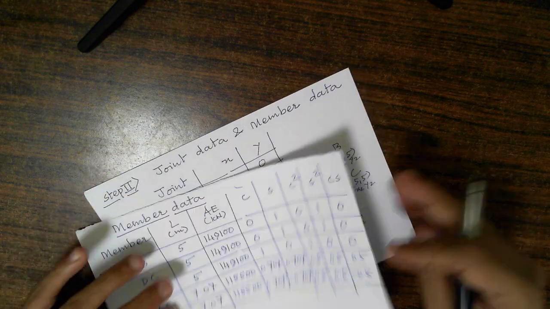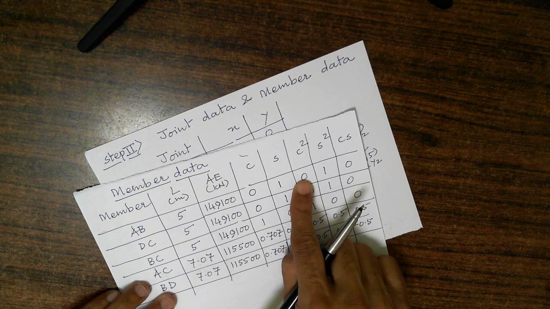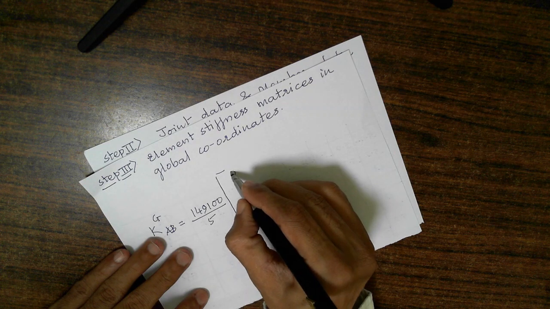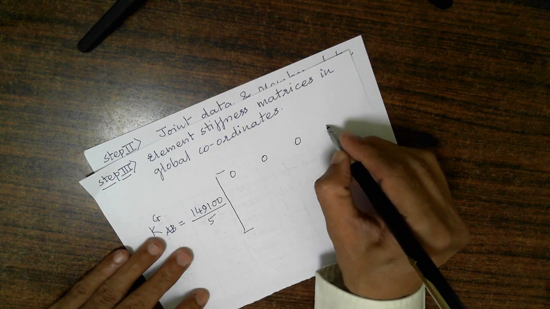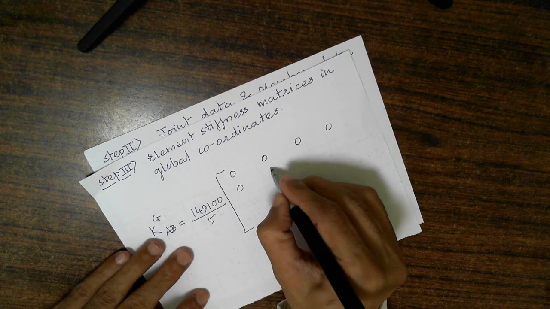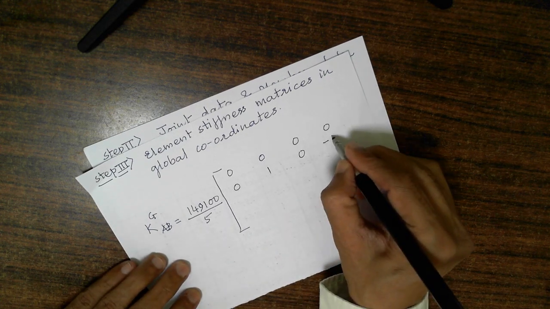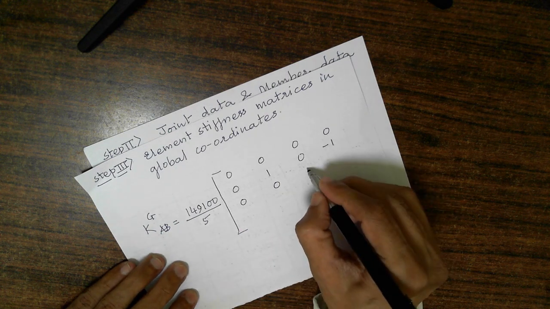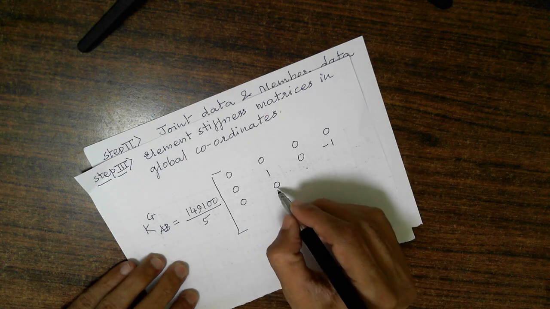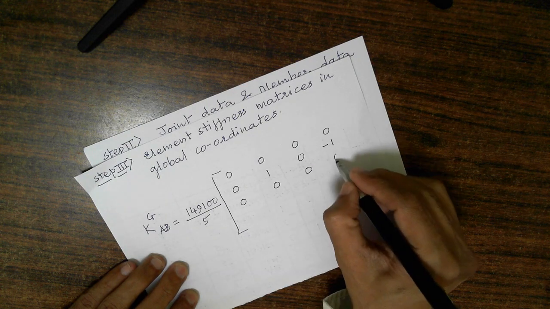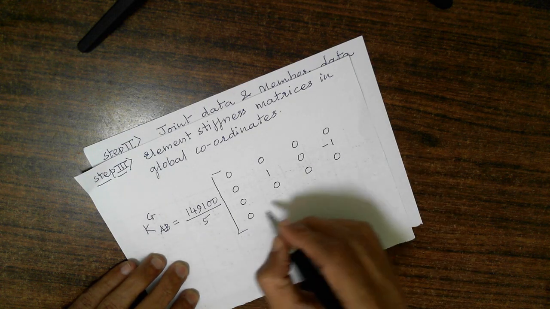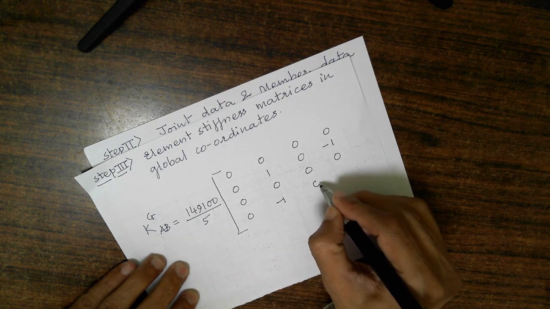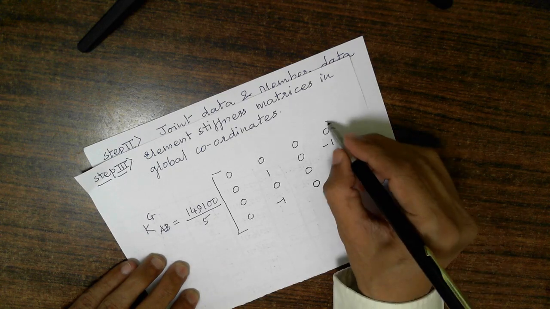The formula is C square, CS, minus C square, minus CS; CS, S square, minus CS, minus S square; minus C square, minus CS, C square, CS; minus CS, minus S square, CS and S square. Now C square for AB is 0, CS is 0, only S square is 1.